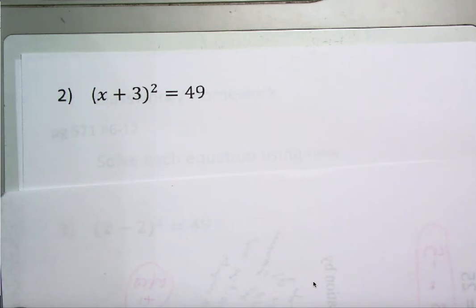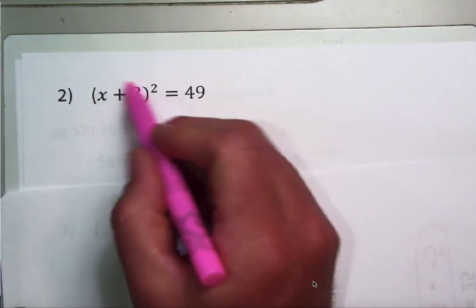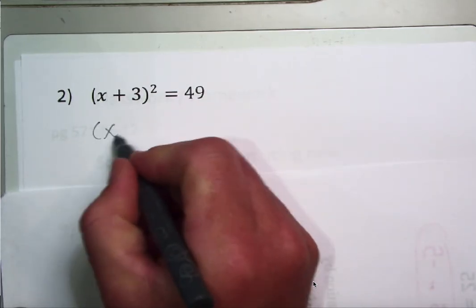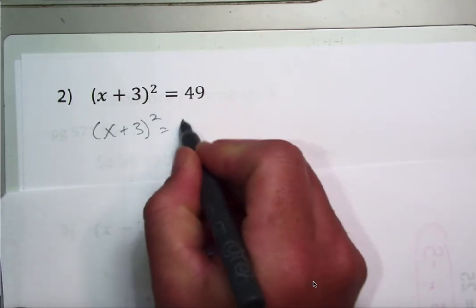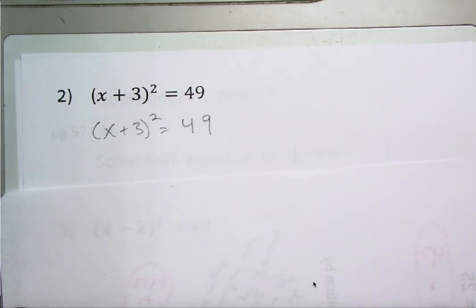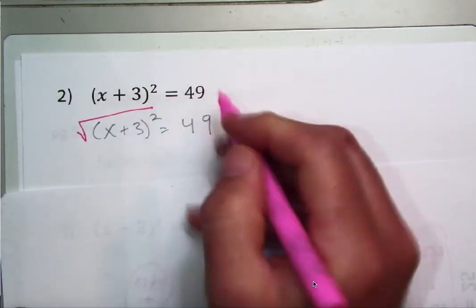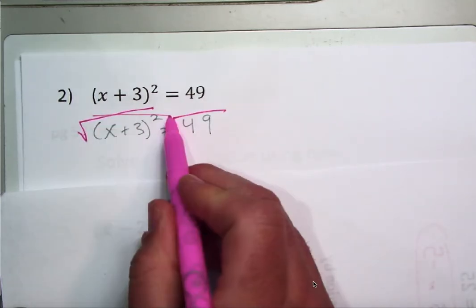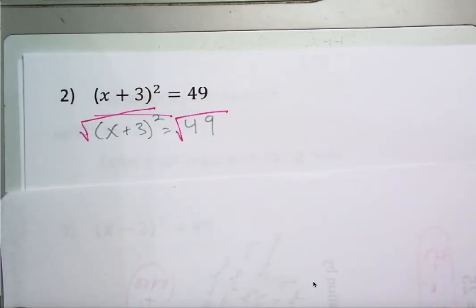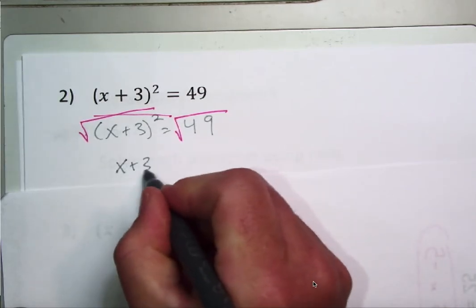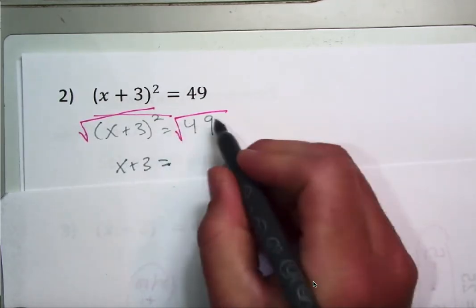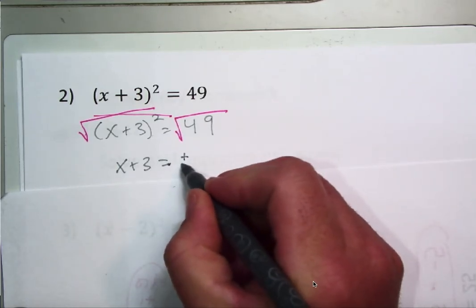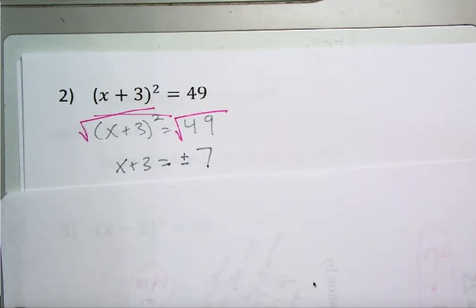So instead, since all of x plus 3 is squared and equals 49, we're going to take the square root of both sides, because that will cancel the square. Then we're left with x plus 3 equals the square root of 49, which is 7. Remember, we get a positive or negative 7 as our answer.